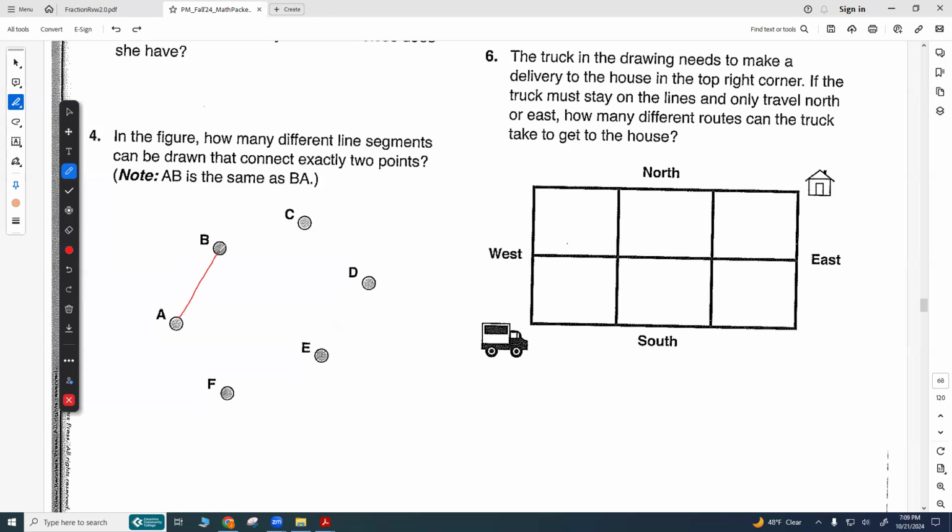That's 1, 2, 4, 5, 6. It's dark, right? And then we have 1, 2.